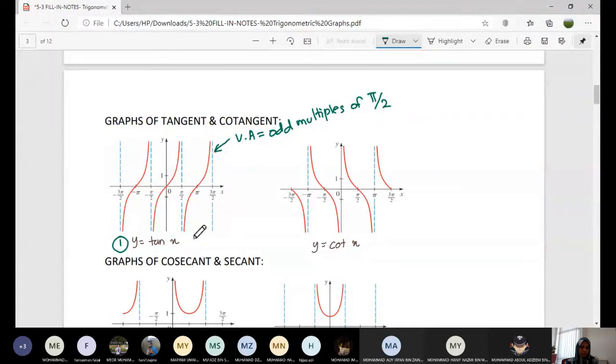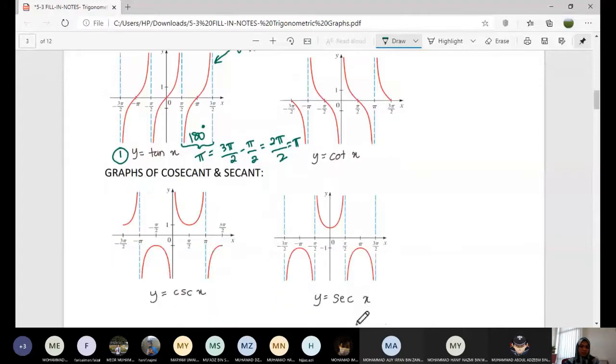The period for tangent is pi, because 3 pi over 2 minus pi over 2 equals 2 pi over 2, so the period is pi, or 180 degrees. Every 180 degrees you have a new graph, and the shape is the same.